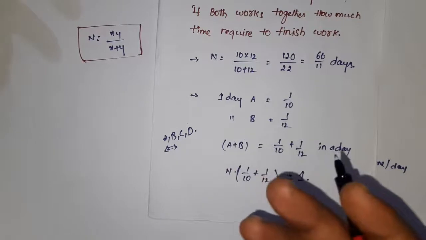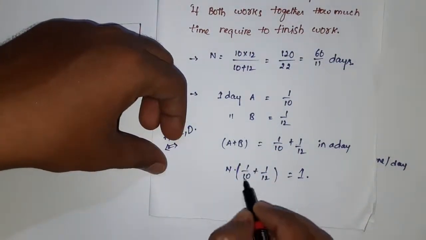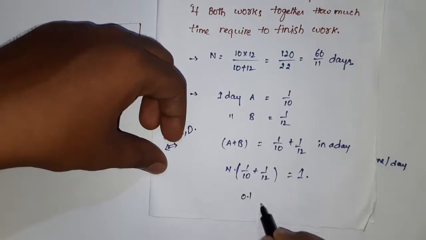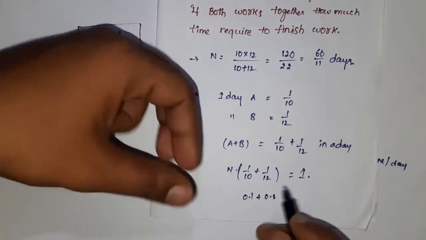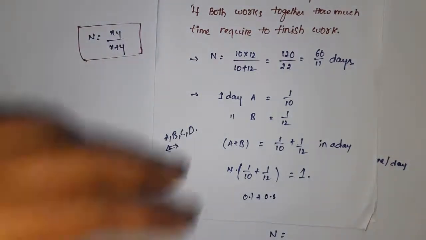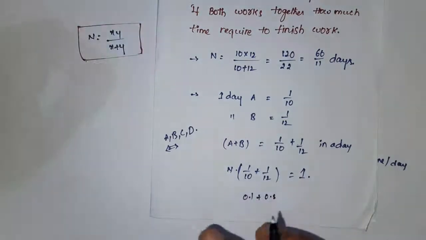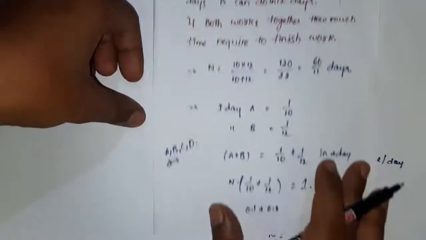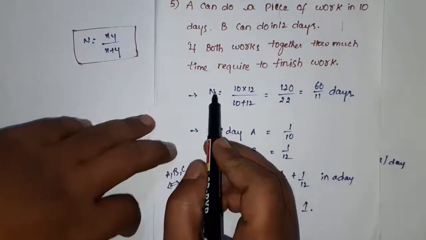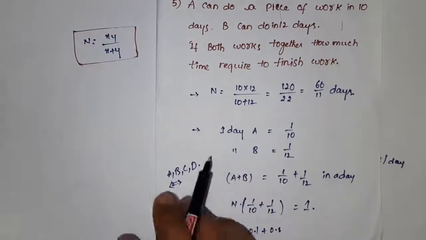It will be very time consuming. So you simply take 1 by 10 as decimals, that is 0.1, and 1 by 12 as 0.083, something like that. You solve that, and by taking the reciprocal you can get the number of days. When more people are there, you follow this method. When 2 people are there, you can directly apply the formula XY by X plus Y.